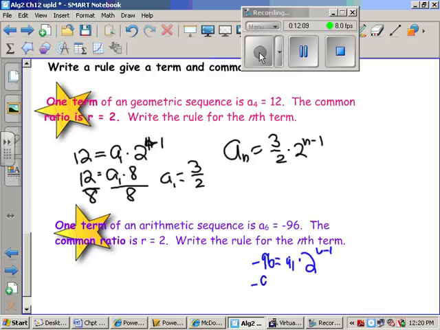Negative 96 is equal to a sub 1 times 32, since 2 to the 5th is 32. Divide by 32 to cancel it out, and negative 3 equals a sub 1. And then to find the rule, a sub n is equal to negative 3 times 2 to the n minus 1.